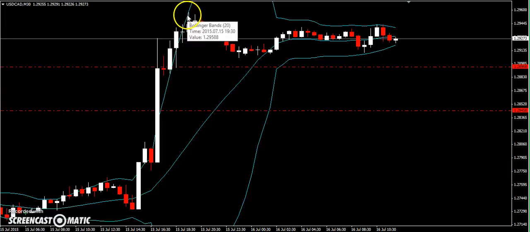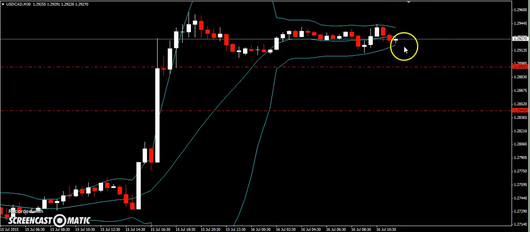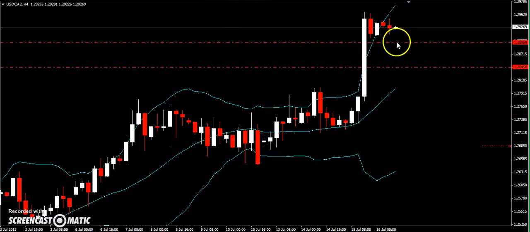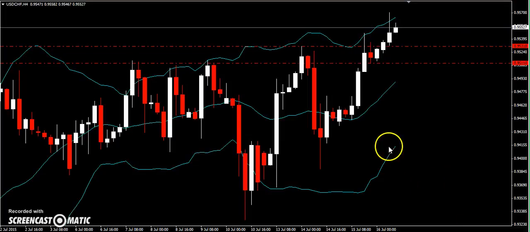Pushed out of the Bollinger Band, bulls have lost the pressure, we're easing, and now we're looking for some sort of direction to come down. So you use different time frames to try and get a picture of what's happening here. And on to the USD CHF, dollar Swiss.